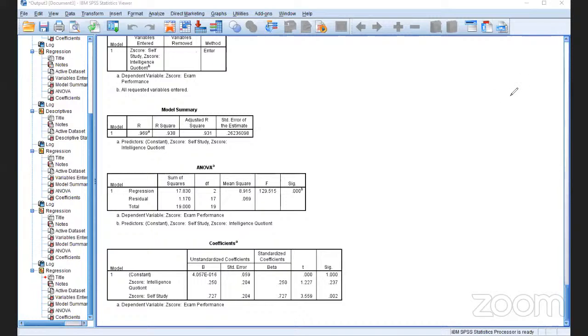Now what is the output? In the presence of self-study, IQ becomes insignificant. Here Y is exam performance, the variable IQ, plus another variable, self-study.